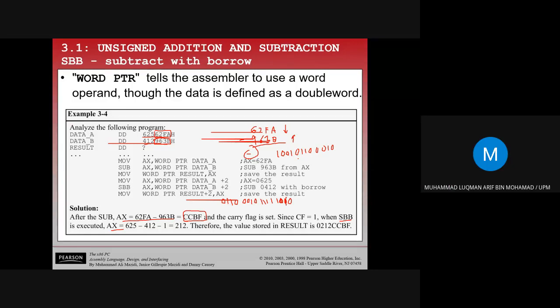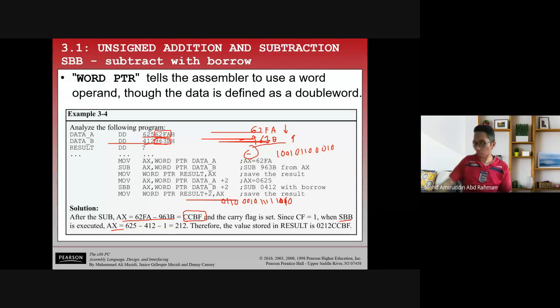Doctor, I think it is 3B, right? Oh yes, it's 3B, sorry. So we have 3B, then it will be 0, 0, 1, 1.